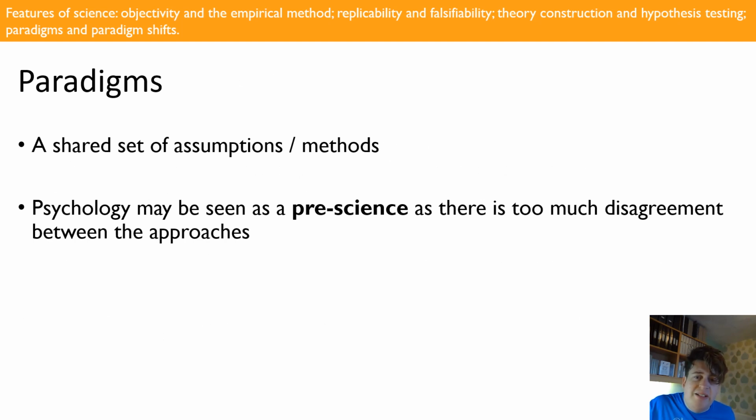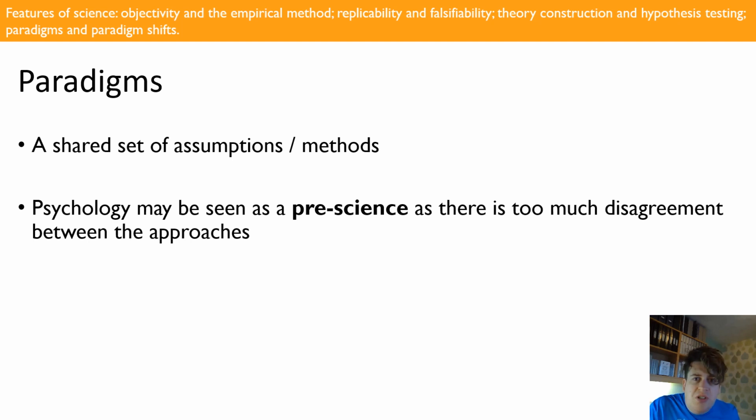Another feature of a science is that you would have a paradigm, and a paradigm is a shared set of assumptions or methods. So biology, they have a shared set of assumptions. At the moment, a lot of it's based on evolution, so that is their paradigm. Chemistry has their paradigm. In psychology, we might be seen as a pre-science, because we don't really have a paradigm as such.